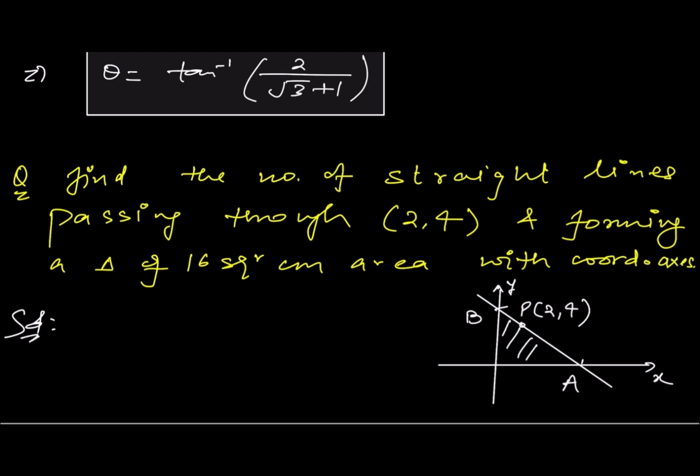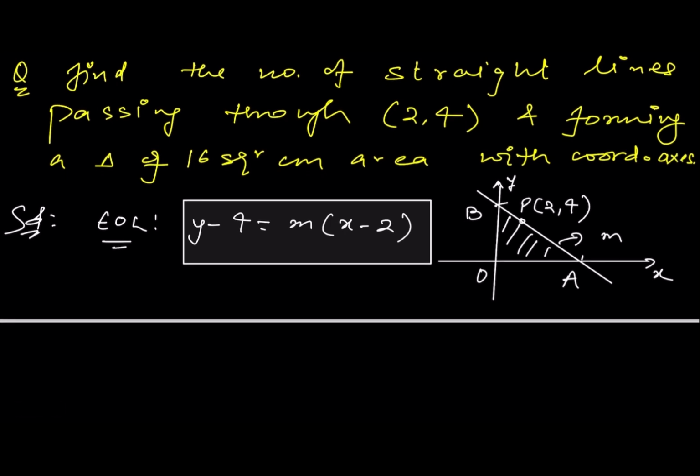And this area is 16 square centimeter. So let's say the slope is m. So we can write the equation of this line in terms of m as y minus 4 is equal to m times x minus 2.